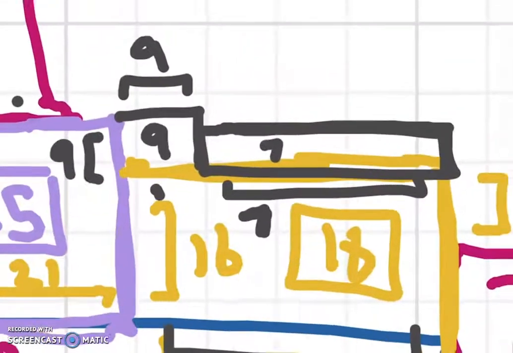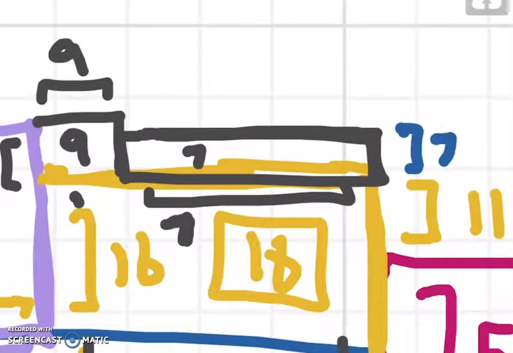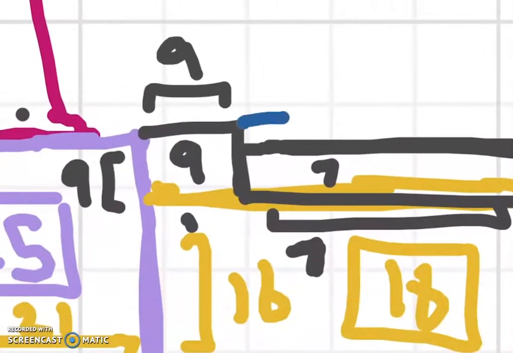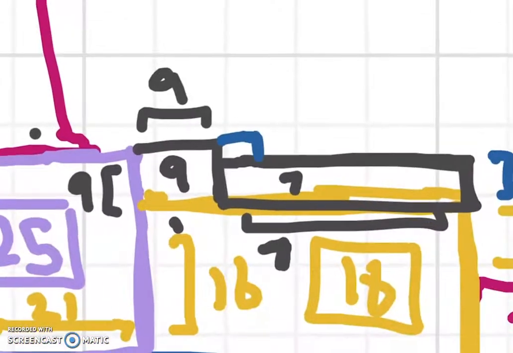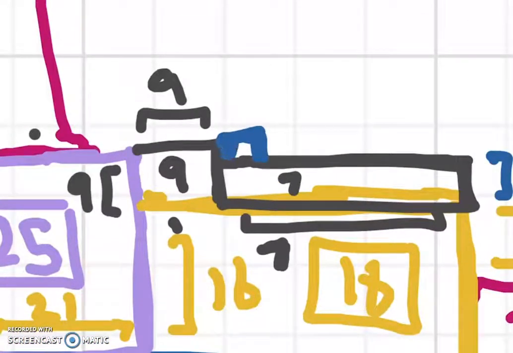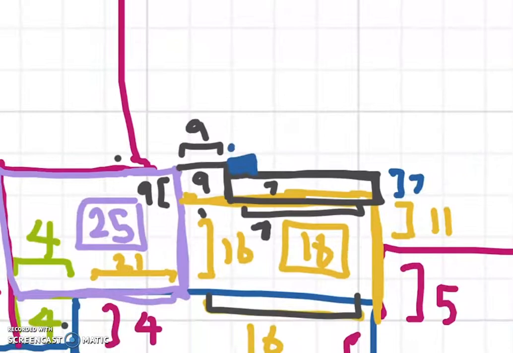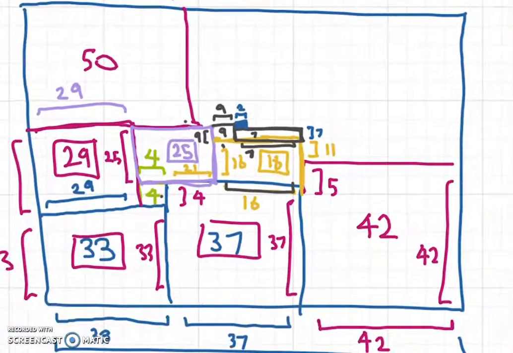Okay, and you have 7 here, and this tiny region here has side length of 2 if I make a square. This is a really small square, side length 2. Now I'll make a square of side length 15.